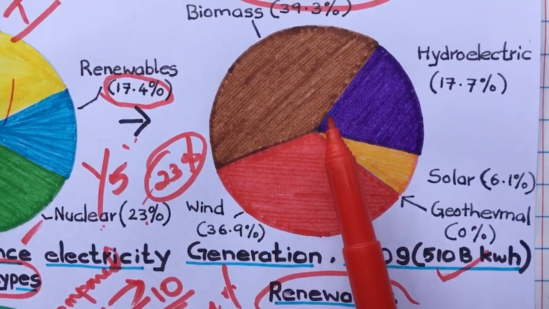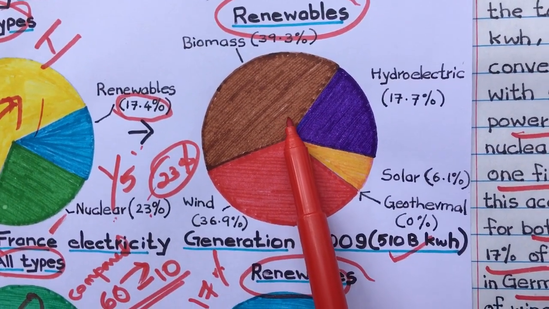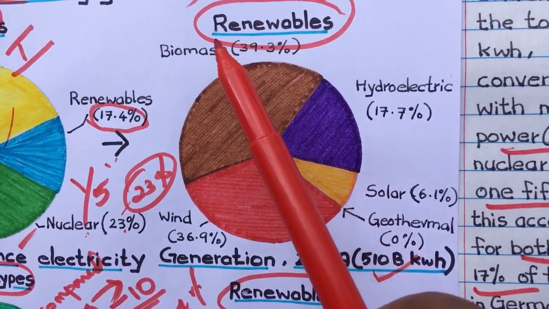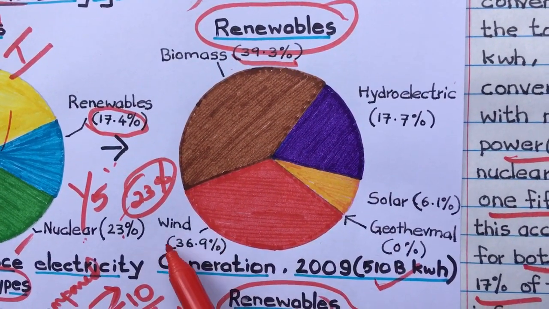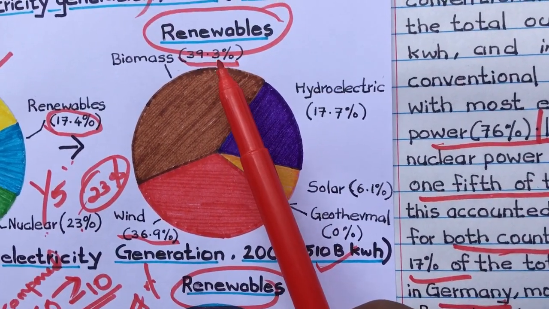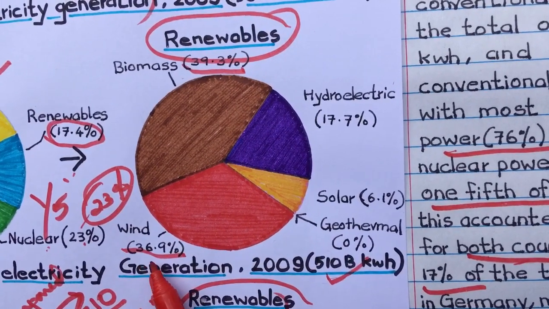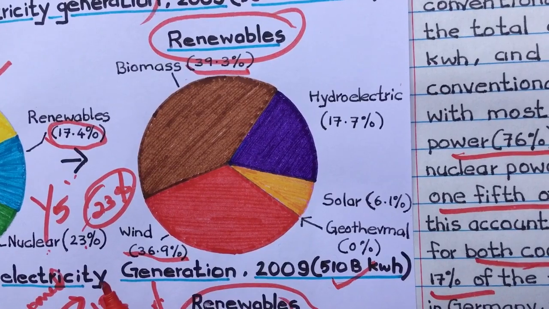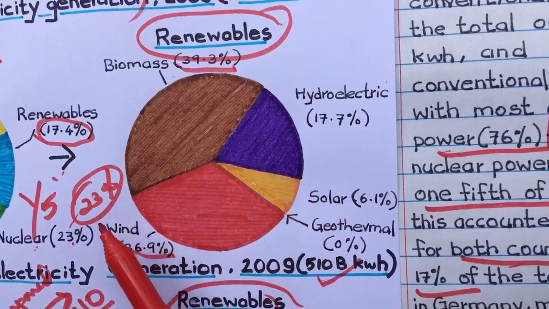In Germany, what happens? Most of the renewable consists of wind and biomass. How much? Here wind is there and biomass is there, both. It is around 39.3% plus 36.9%. It's almost 75%, so I could add that.